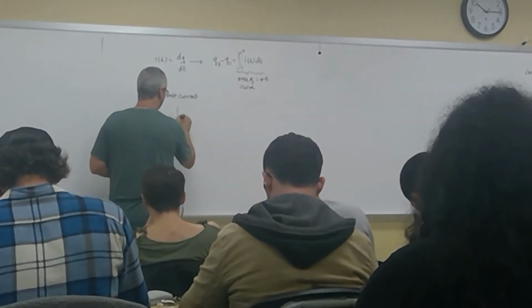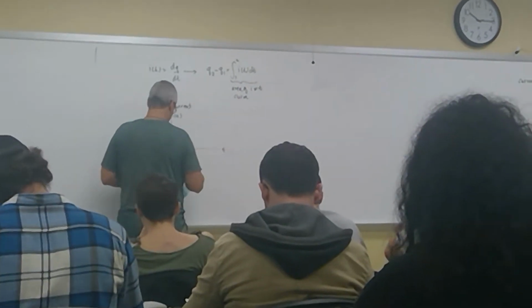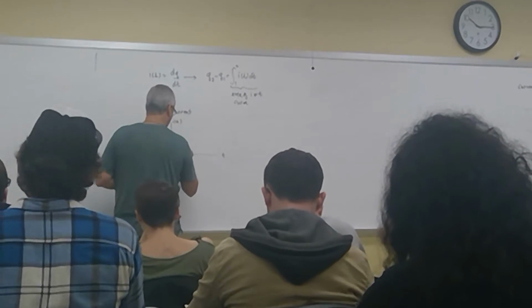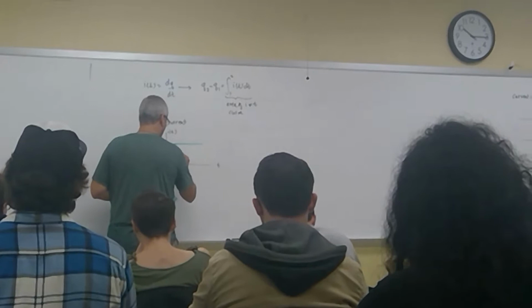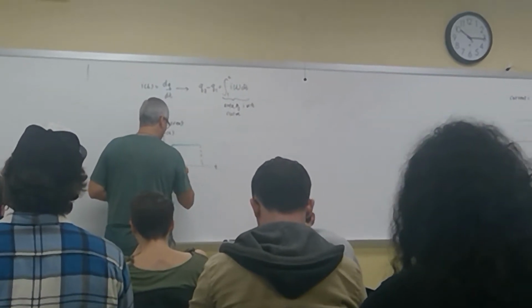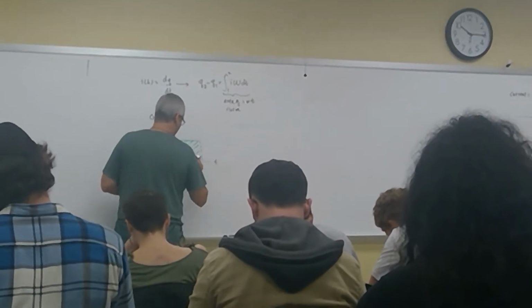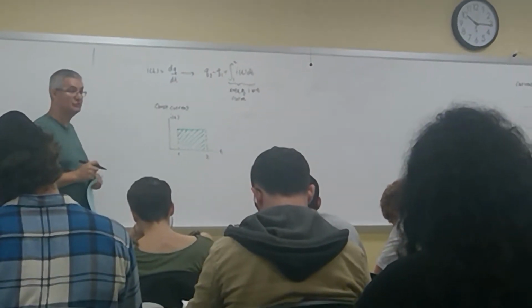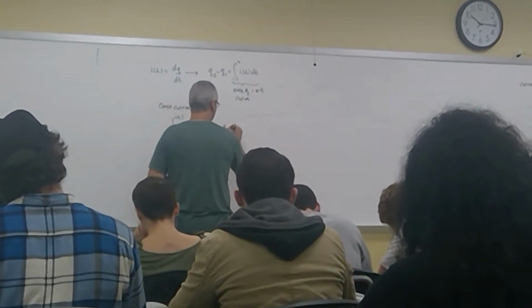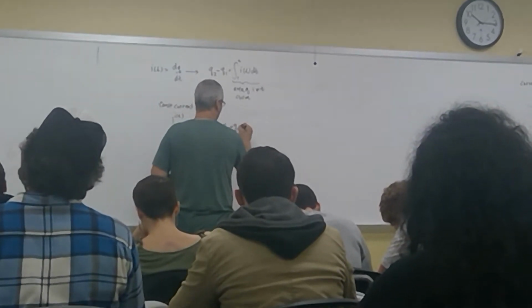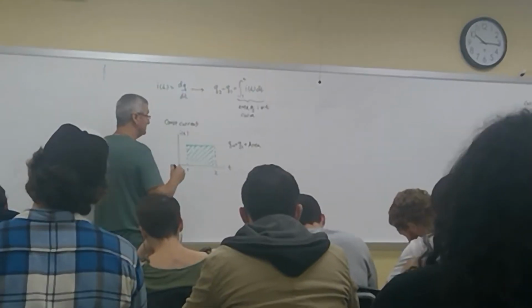If I plot this, and I have a curve that looks like this, if this is 1 and this is 2, then this area would tell you how much charge passed through some element. So then Q2 will be this area right here.